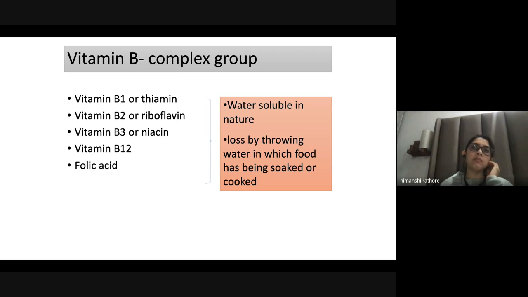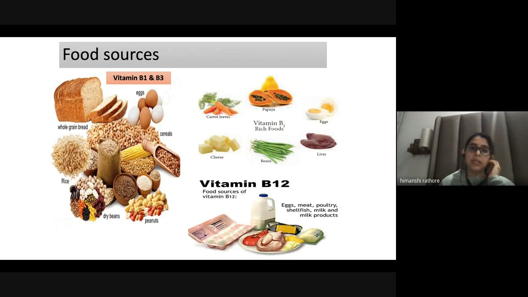So nothing is available to our body when we eat such food. So it is very important to use the right technique of cooking when you are cooking vitamin B group rich food.